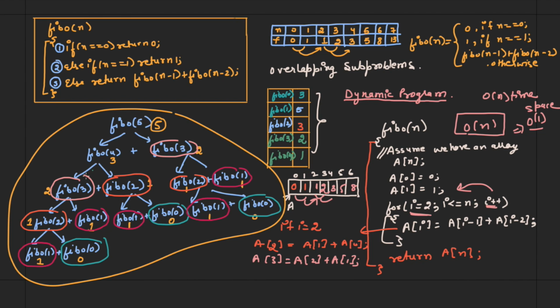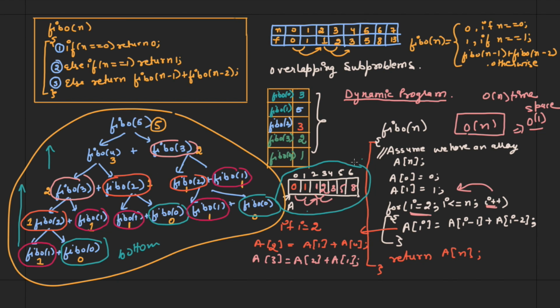If you go from bottom to up, that means from here to here, and you check the program which we wrote here, in this program we are calculating the values from bottom to up. Initially we know the value of Fibonacci of 0 and Fibonacci of 1. Now we are filling this array from bottom to up, and we are storing those values.